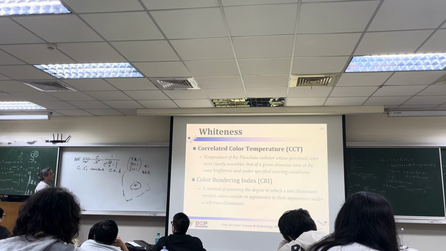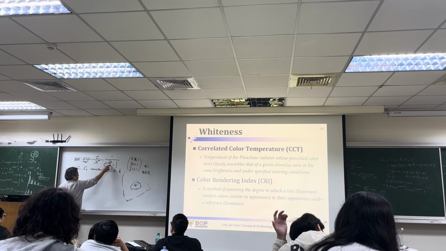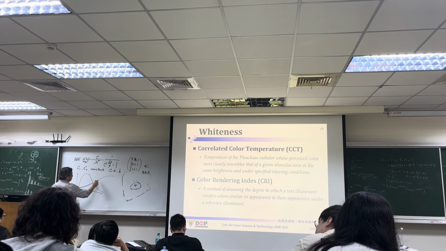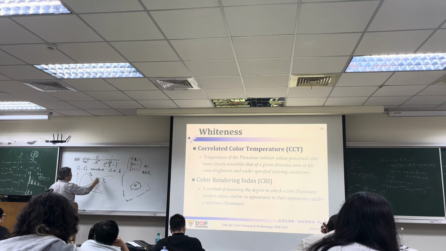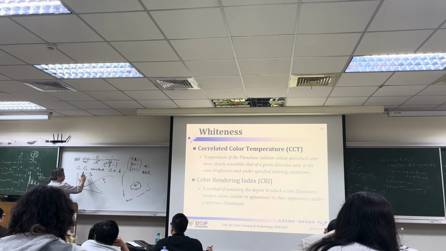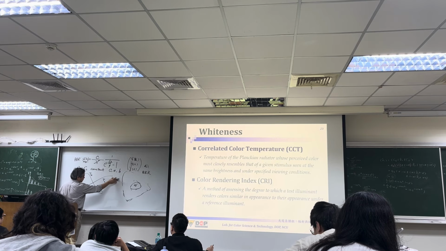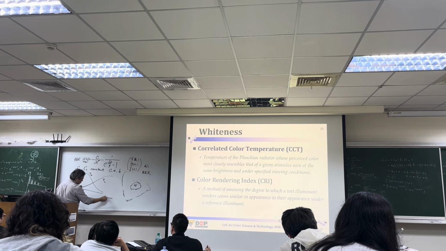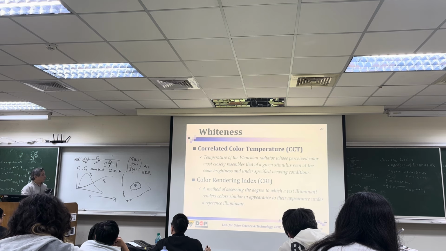Okay? So if we change the temperature, we will have the spectrum change. Okay? This is low temperature, this is high temperature. The spectrum moves from low temperature to high temperature. The peak wavelength will move from longer wavelength to shorter wavelength. Okay?